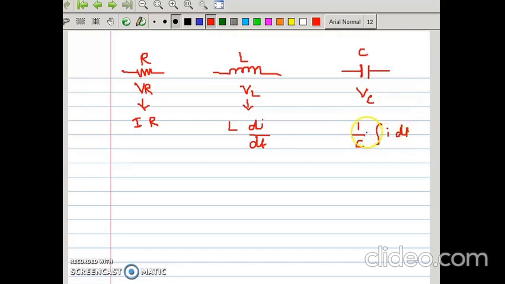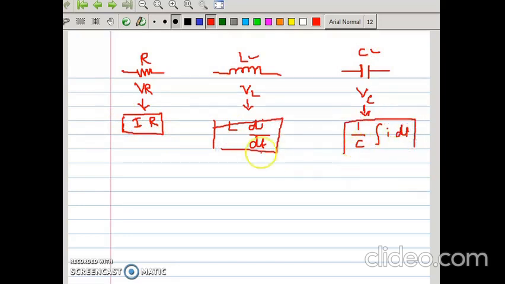These are the voltage drops across R, L, and C. These three formulas we need to solve the example.